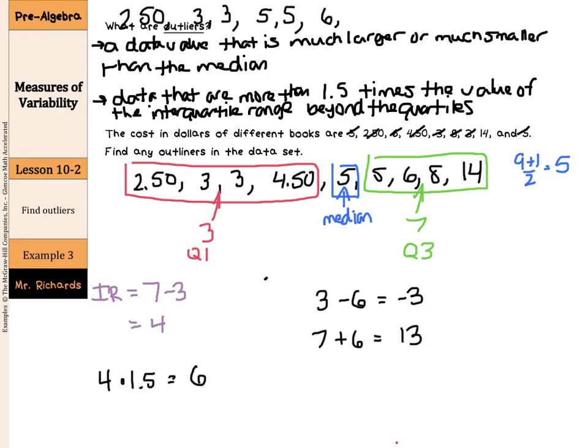So as long as my data is in between negative 3 and 13, then I'm okay. If it's not, that's an outlier. So as I look at my data, these are all in between, but this is not. So my outlier here is going to be 14.